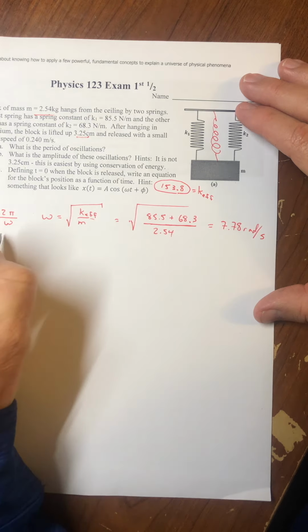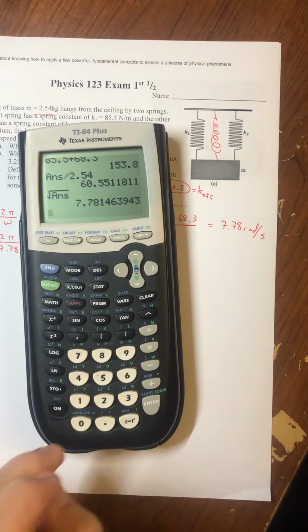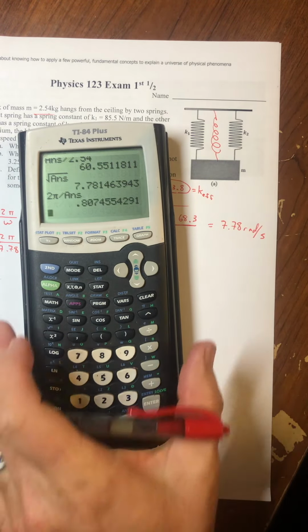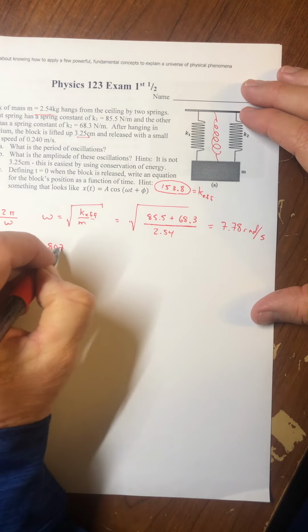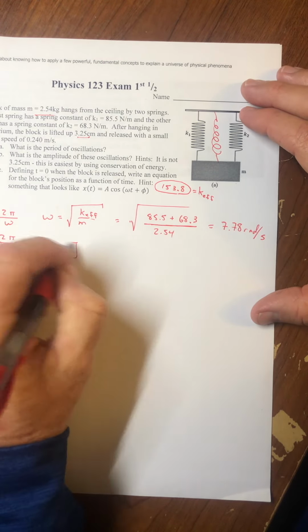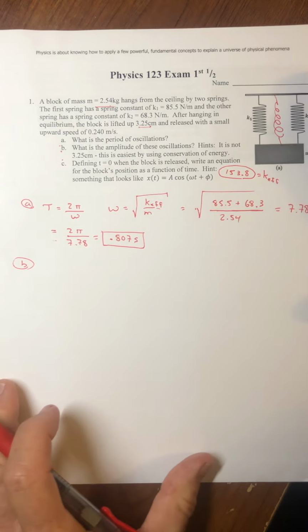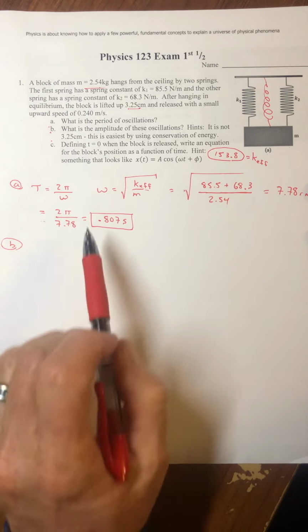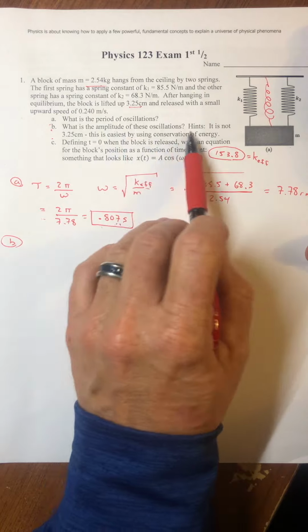That would then give me a period of 2 pi divided by the last answer, and it looks like about 0.807 seconds. Okay, so there's A. What is the period?